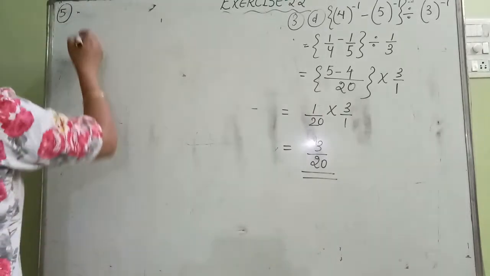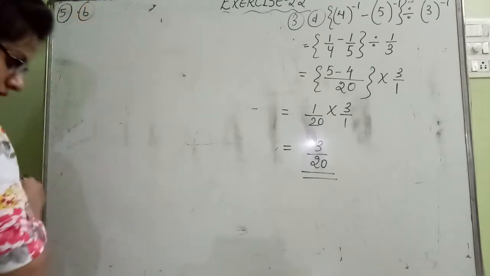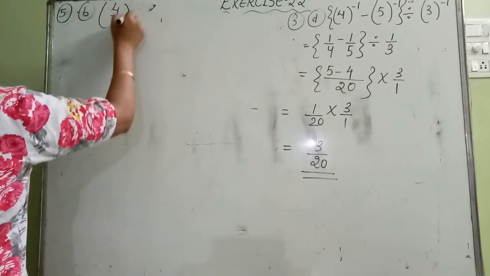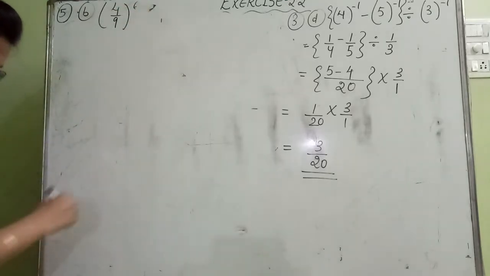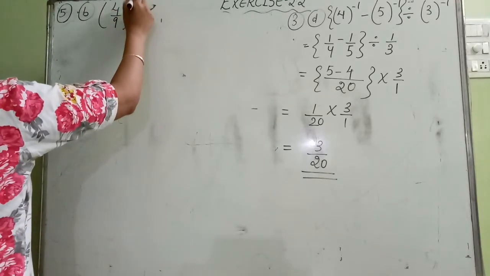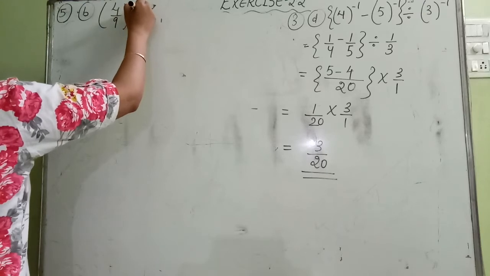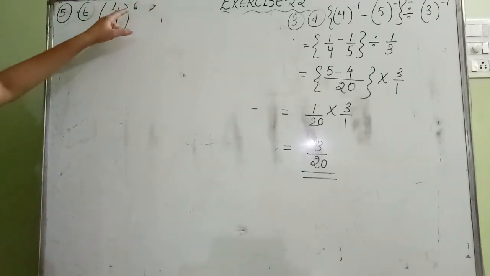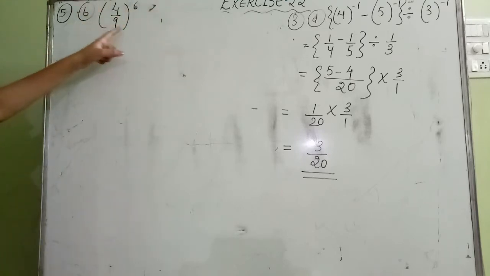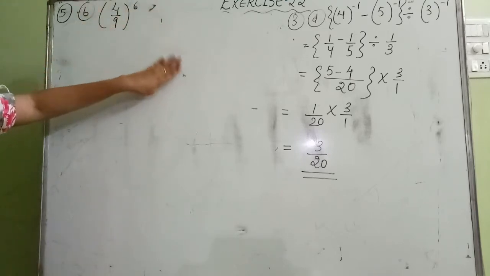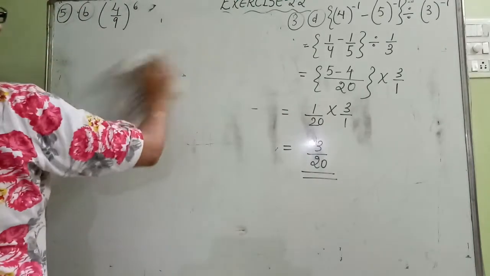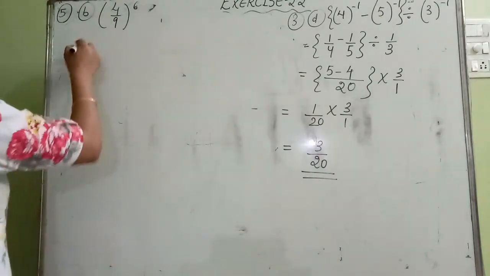So we will be doing its B part first. 4 by 9 raised to the power 6. See, what we can do here is we can solve it also. 4 into 4 into 4, 6 times, 9 into 9 into 9, 6 times. So whatever answer we get, we will get in this form only, so directly we can write it.